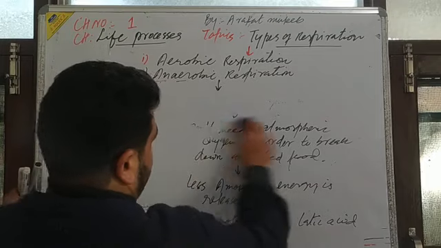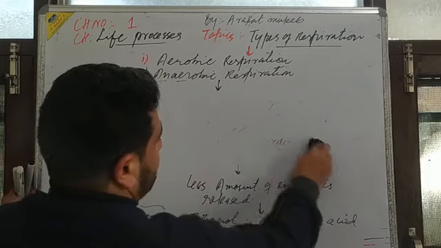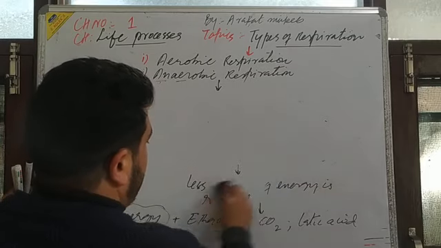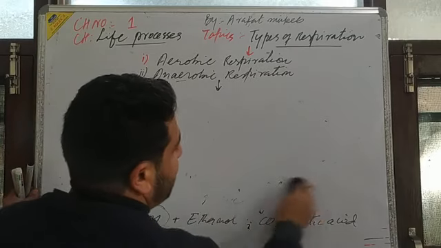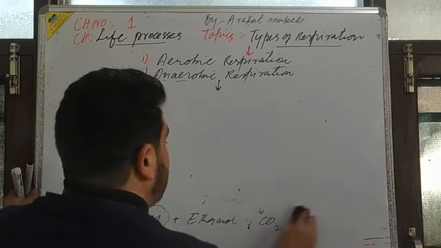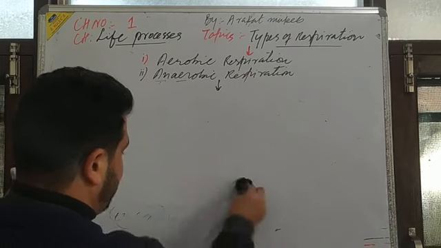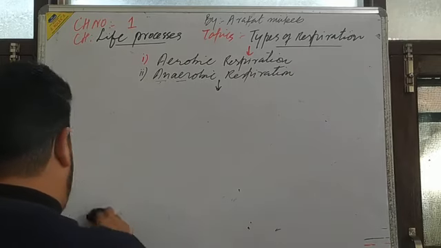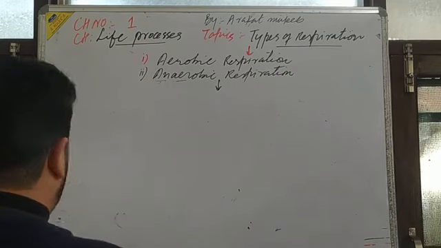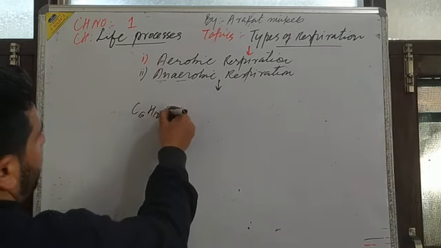In anaerobic type of respiration, energy is released to these organisms for their survival. Although it is a less amount of energy, it is needed for their survival. Then here we can say with the help of an example that organisms, of course, have glucose in their body.